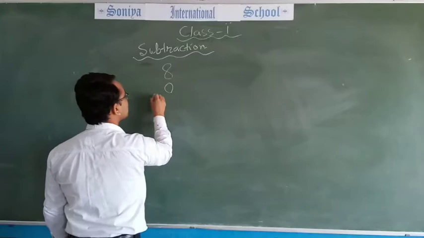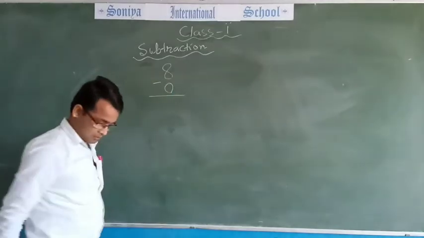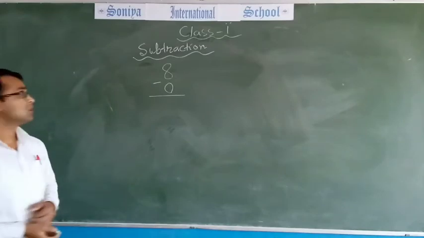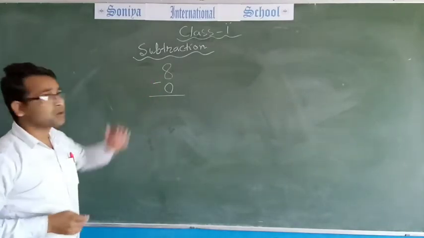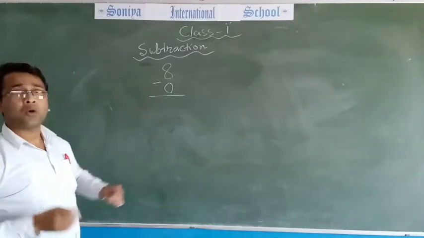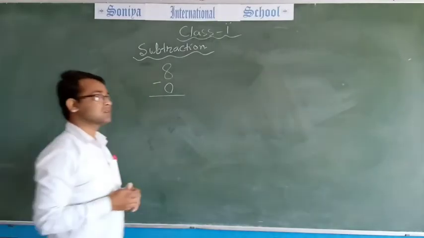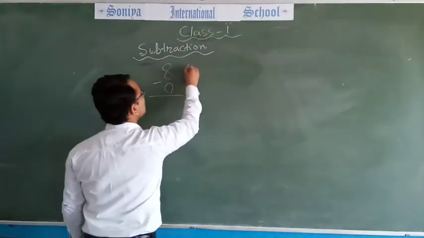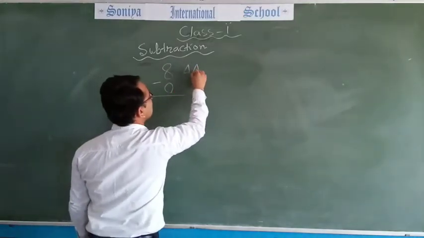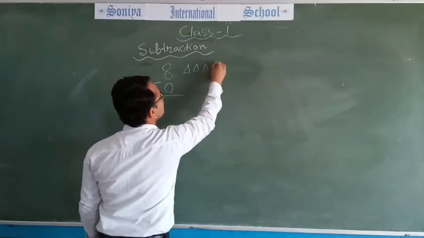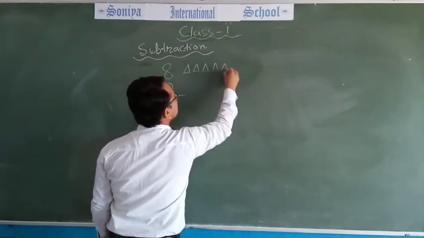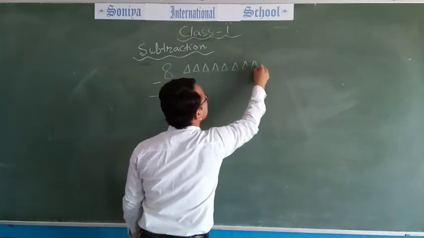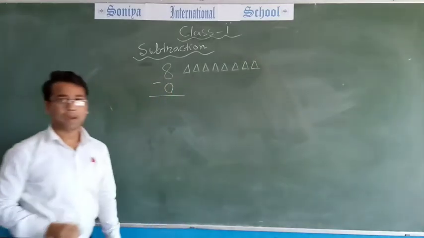Eight minus 0. First, draw 8 objects like triangles. 1, 2, 3, 4, 5, 6, 7, 8.